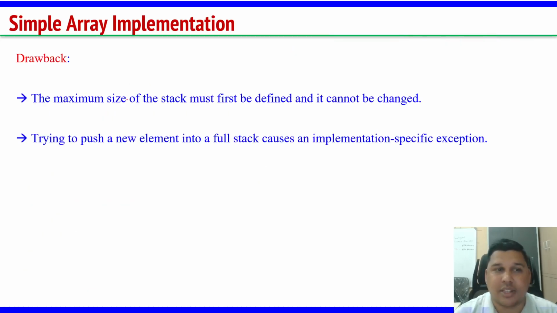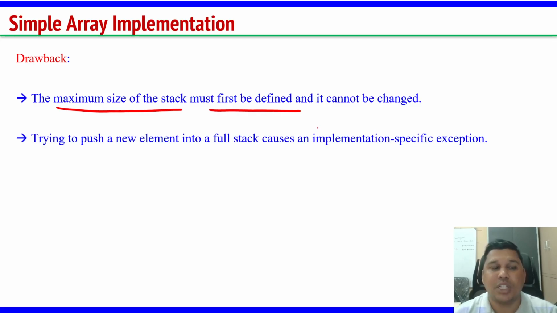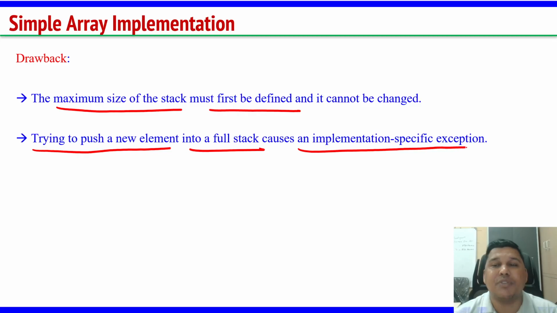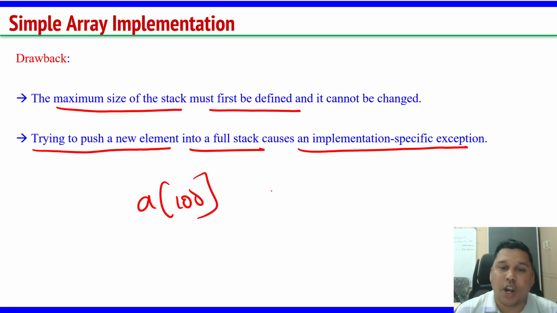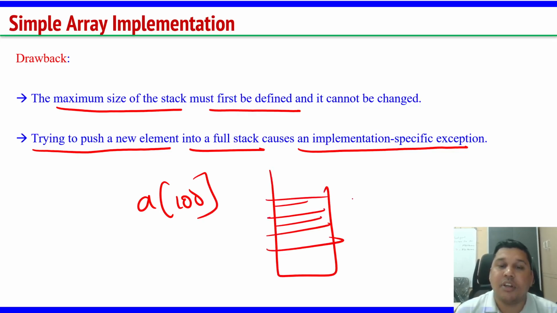But what are the drawbacks here? The maximum size of the stack must be defined first. It cannot be changed. Once we define the size of the stack, we cannot change it. That is fixed. That is the drawback of the array concept. Trying to push a new element into a full stack causes an implementation-specific exception. It means you have already inserted 100 elements into the stack, A of 100, but you want to insert a new element at 101.